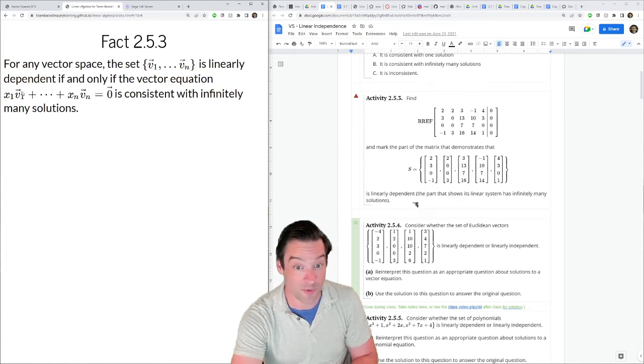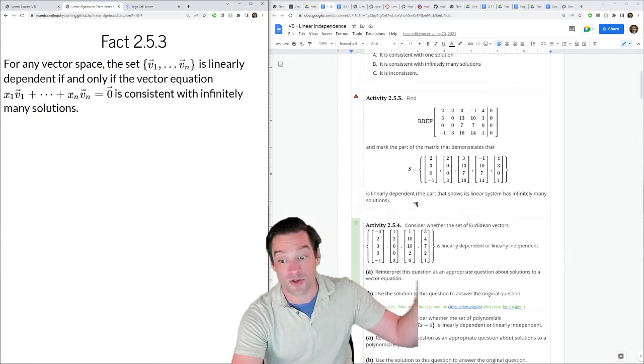We can always pick x1 and xn and everything in between to be 0. Right? So we're never going to have an inconsistent system. So if it's not true that it's consistent with infinitely many solutions, then it must be consistent with a unique solution. Only the trivial solution would work, right? In the case of linear independence. So for a linearly independent set, the only way to make a linear combination of those vectors into the 0 vector is to choose all of our coefficients to equal 0.